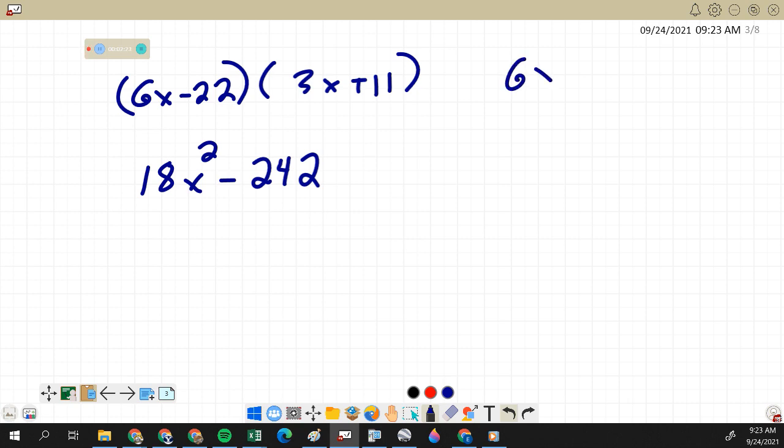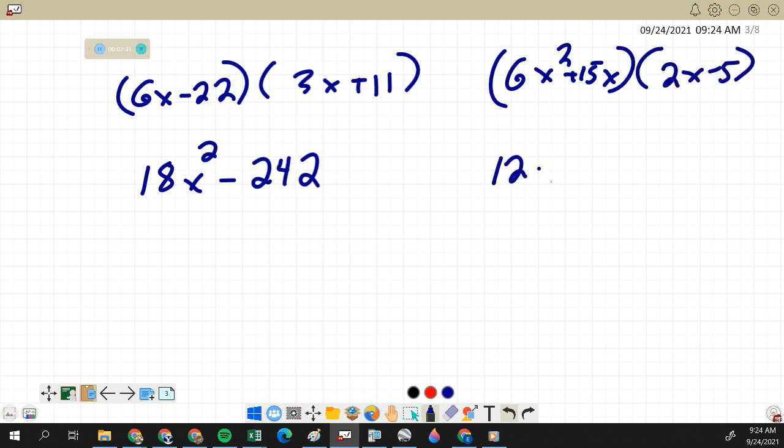And then 6x squared plus 15x times 2x minus 5 gives 12x to the third minus 75x. Okay. Did the middle terms cancel? Yeah. Why?